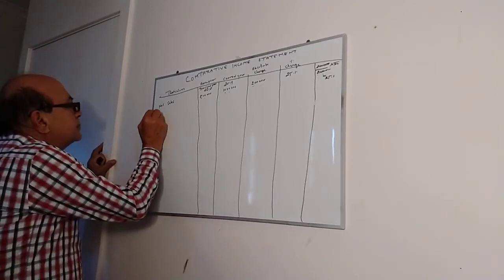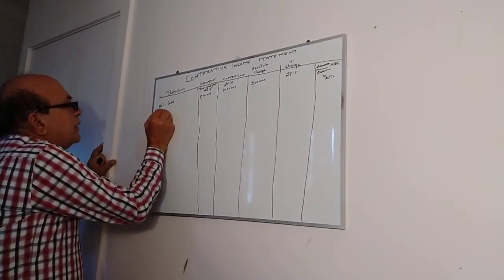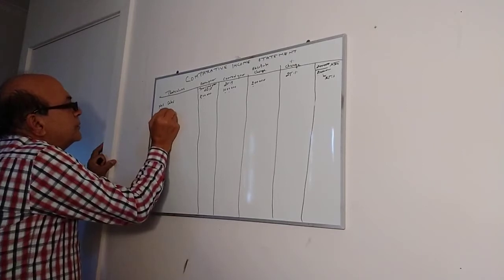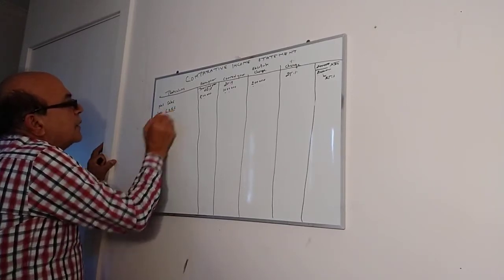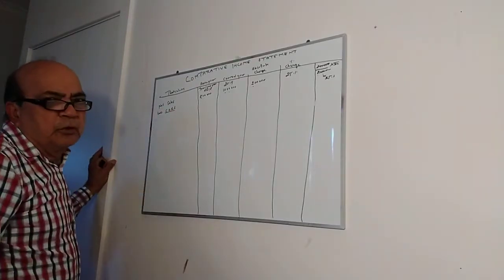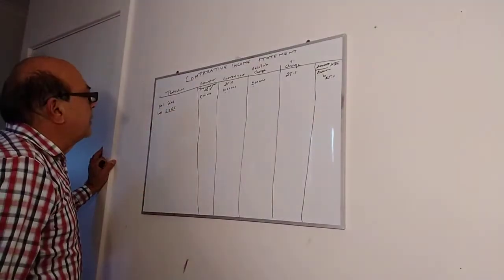Less: cost of goods sold. How do we calculate cost of goods sold?